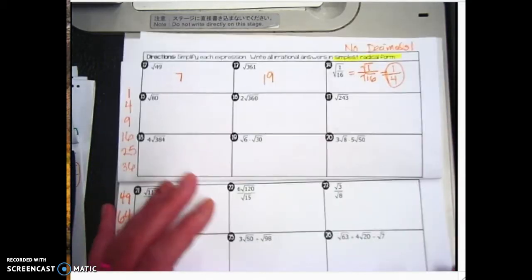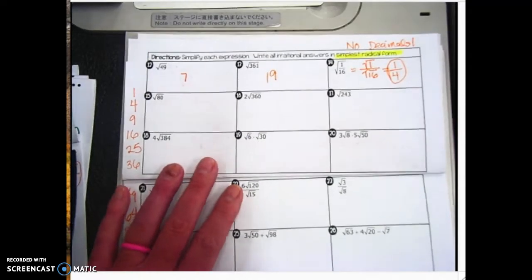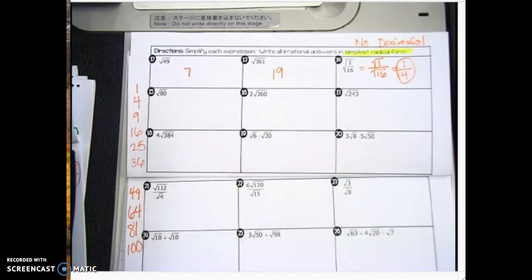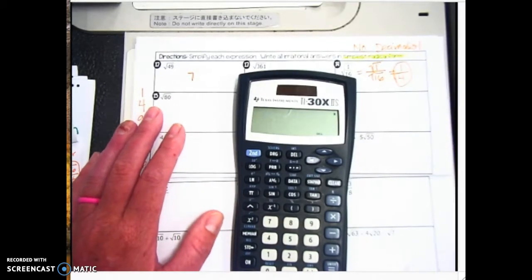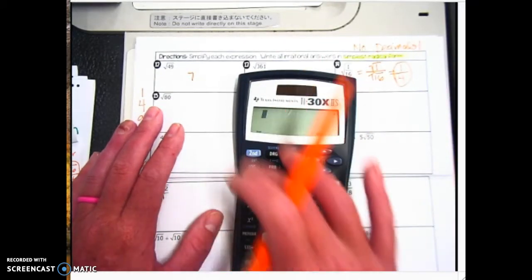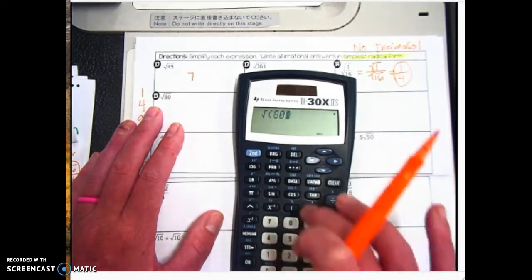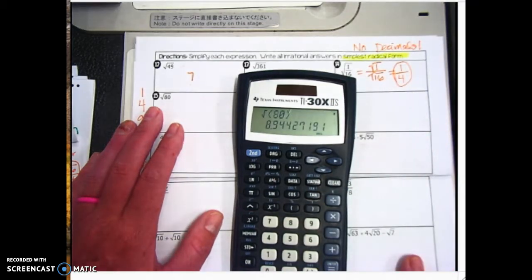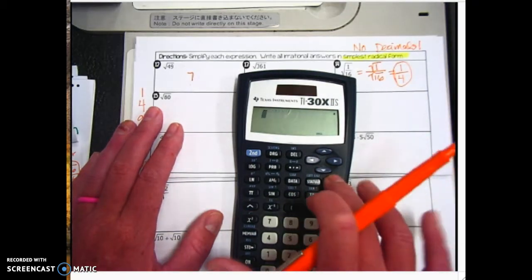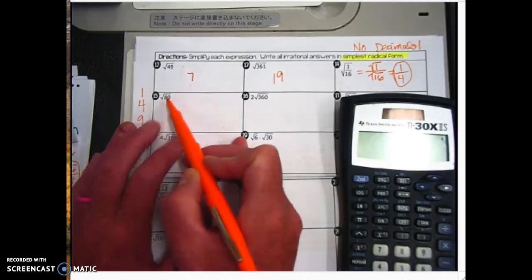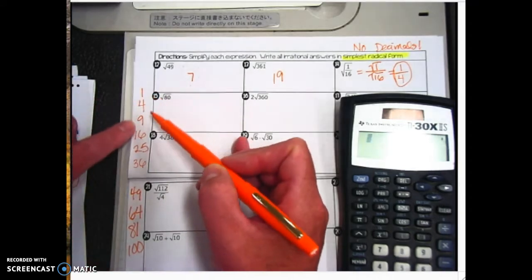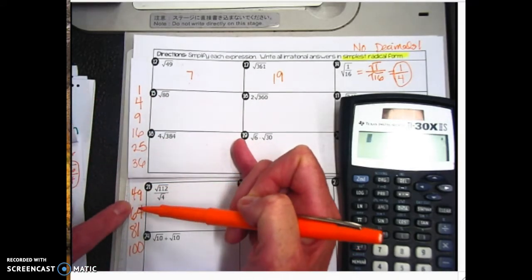All right? Jumping down to number 15. We have the square root of 80. Now, I know that the square root of 81 is 9, so I'm pretty sure that the square root of 80 is not going to be perfect, right? Giving you this decimal. Okay, so we can't use the square root of 80, but does the square root of 80 have any factors that are a perfect square?